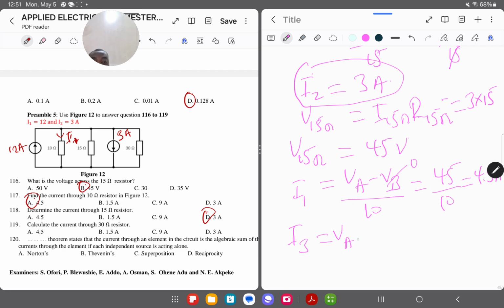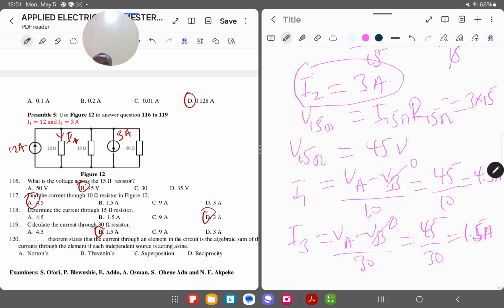Again, we have VA minus VB, and the resistor between them is 30 ohms, so which is 45 over 30. So here is 0. 45 divided by 30 will be 1.5 amps. So this one we get B.